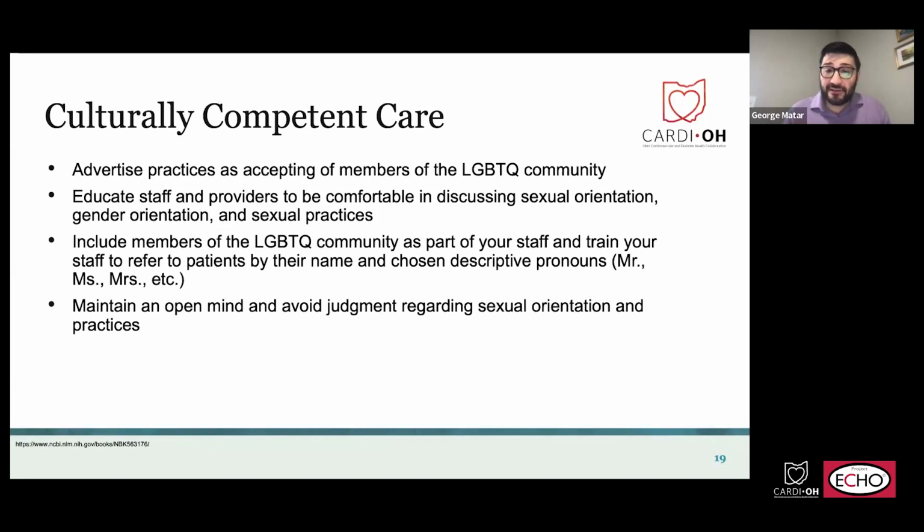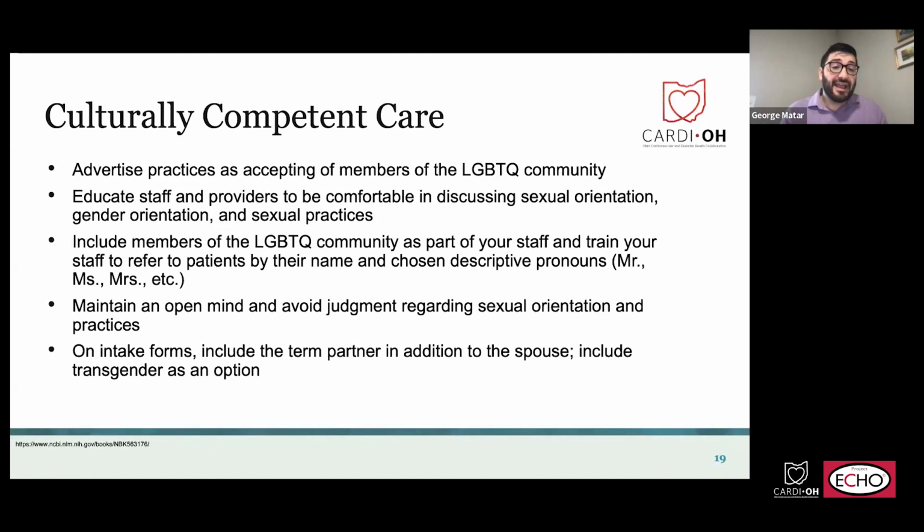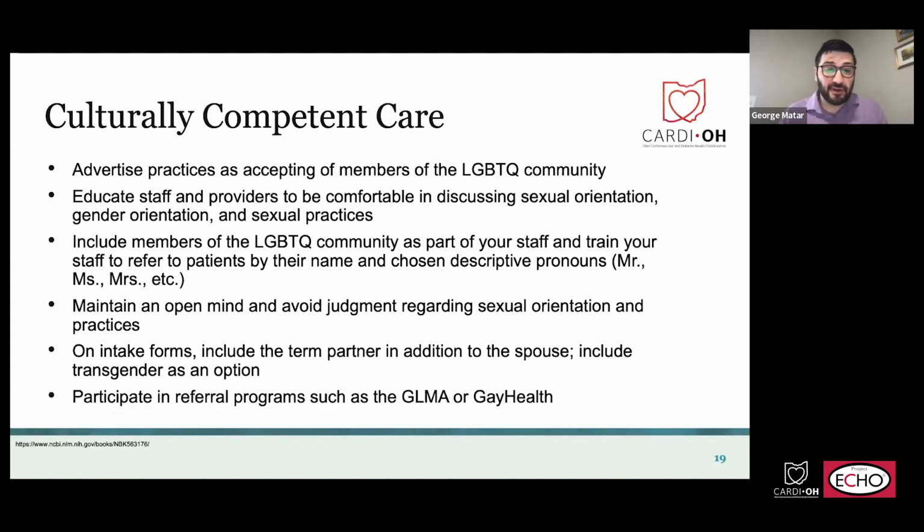Maintain an open mind, avoiding judgment regarding sexual orientation and practices. Adjust intake forms to include the term partner in addition to spouse, and include transgender as an option to check mark as well. Participate in referral programs such as the Gay and Lesbian Medical Association or Gay Health, which allow patients to see your name listed as a provider that's LGBTQ friendly.